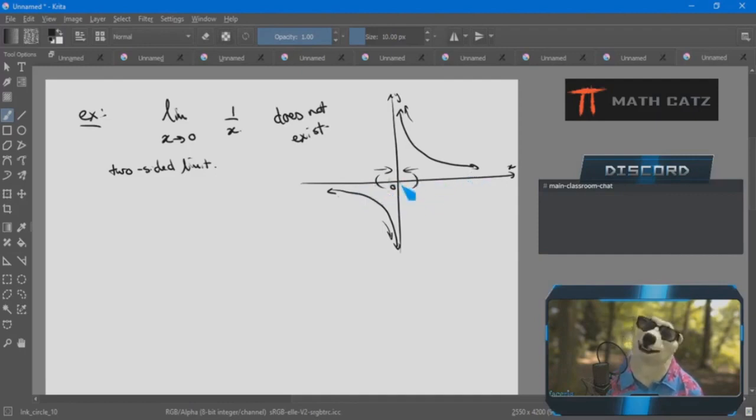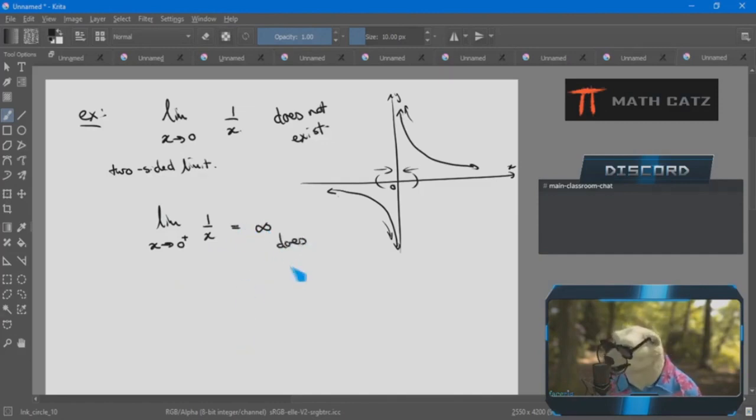If I come at 0 from the right, the y value is blown up positive. So let's write that in our limit language. I'm approaching 0 from the right of my function. Then I can say it's positive infinity.